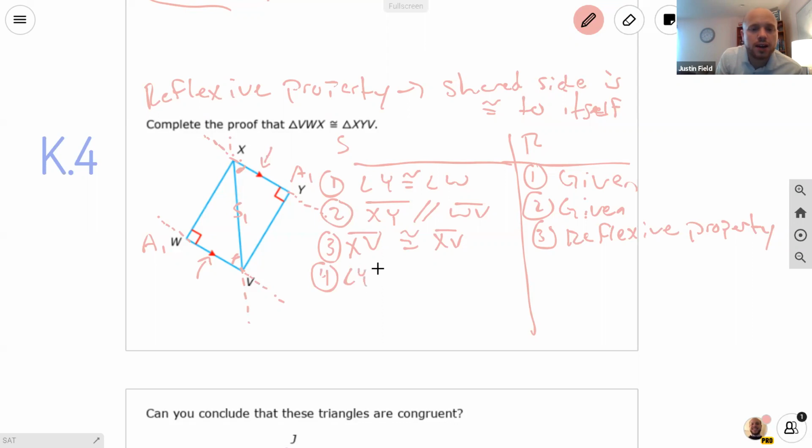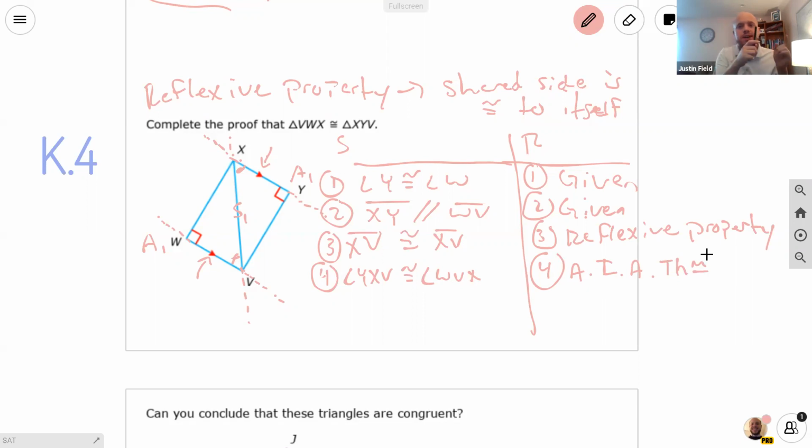Angle YXV is congruent to angle WVX. And the reason is the alternate interior angle theorem.